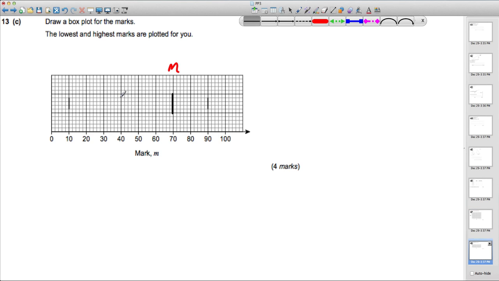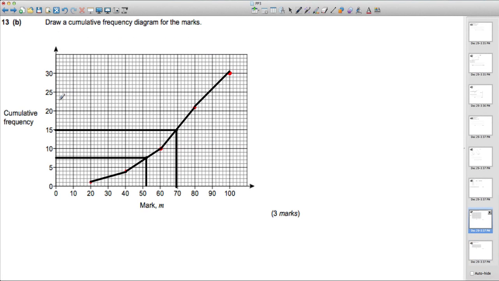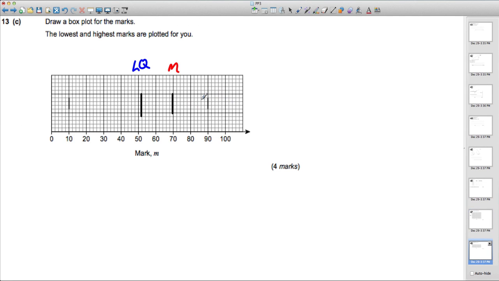So I would draw this one at 52, and that's the lower quartile. And the next one happens at 22.5, which is about here. That gives me about 82 as the upper quartile, so 82 here.